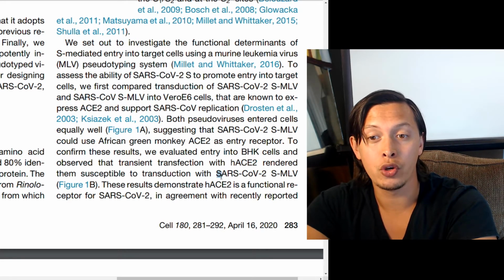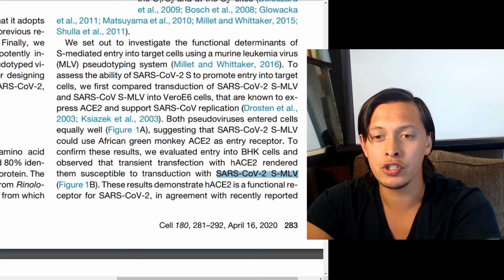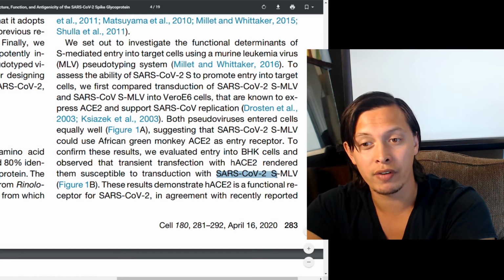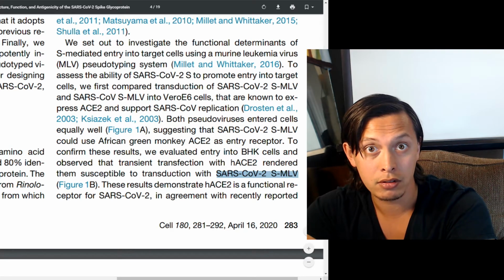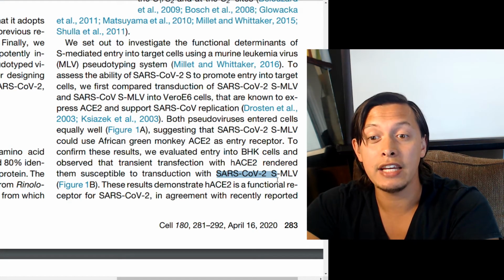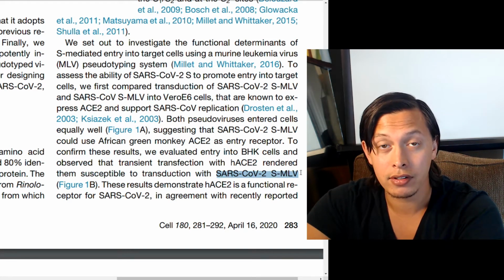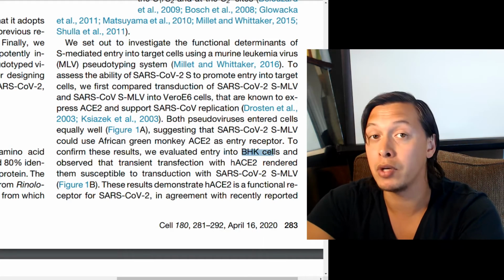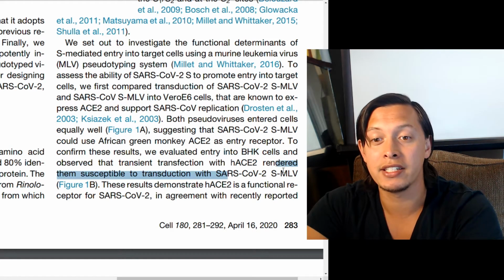However, if we genetically engineer them to express the human ACE2 receptor, then they do end up becoming susceptible to our new virus. So what that confirms for us is that the new SARS coronavirus 2 spike protein, even on a weakened virus, is able to infect a previously immune cell, if we give them the ACE2 receptor.